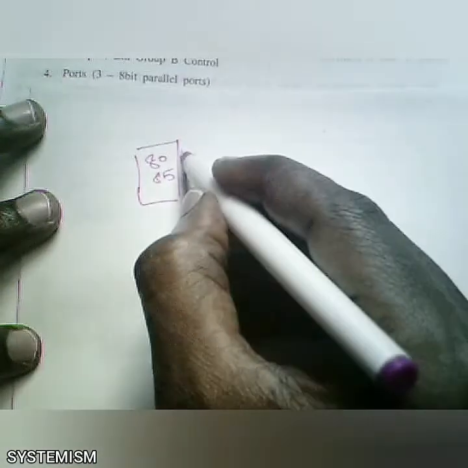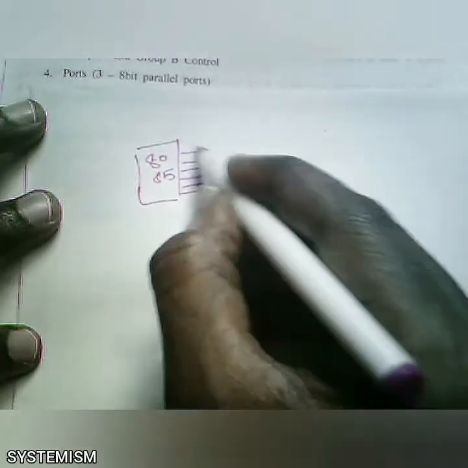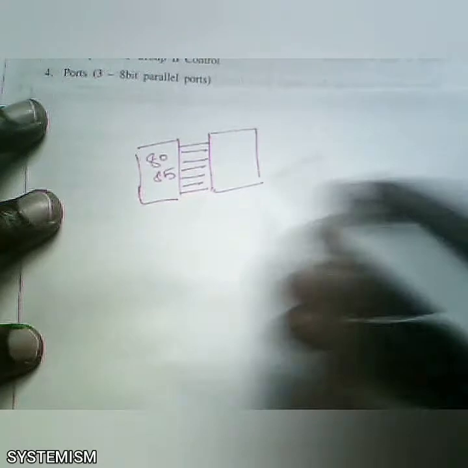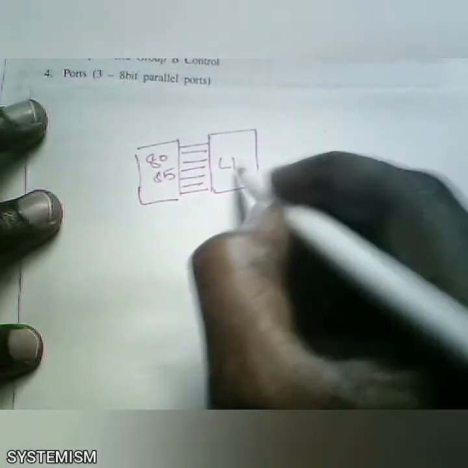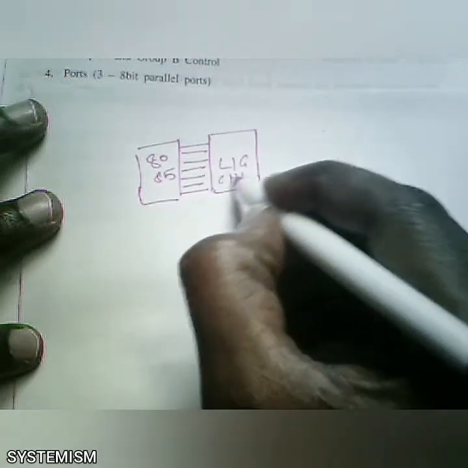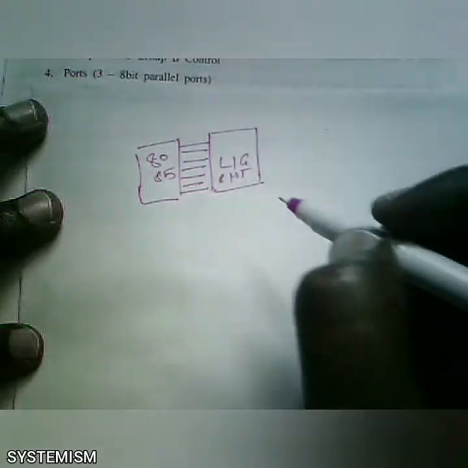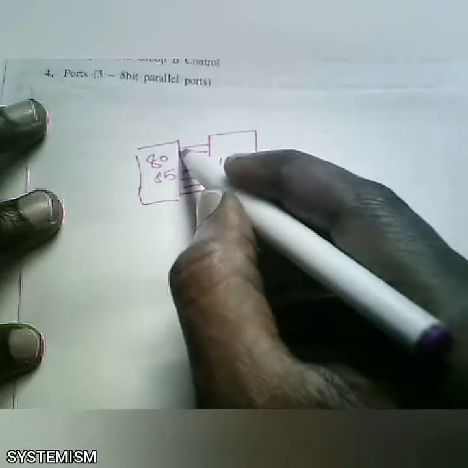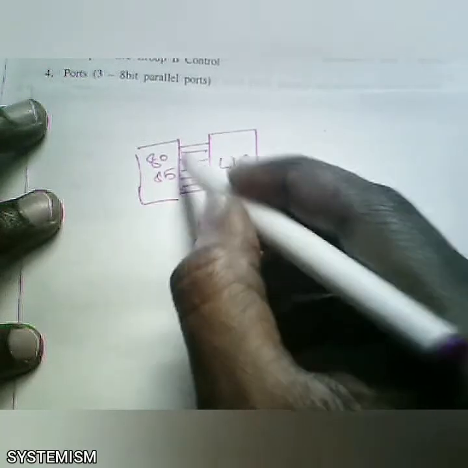From this we have 8 data pins, and this is connected with a light. You have to make this light glow according to the values you have given here.